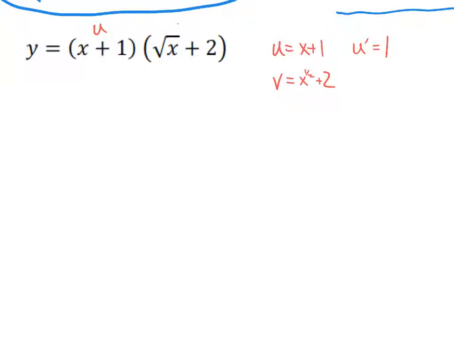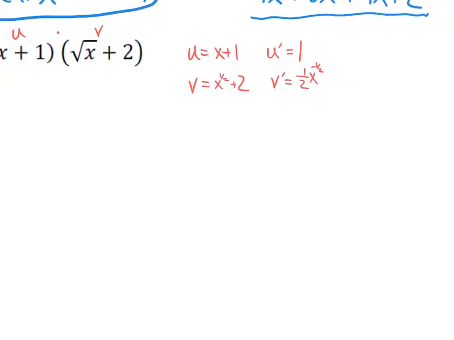Especially as you get more comfortable, maybe just writing u and v over that, that'll save you a little writing. But over on the right hand side we have v prime that we're going to write down. And what is v prime? 1 half x. So that would be 1 over 2x. 2 radical x, I guess. Yeah, so this is 1 over 2 root x. Should we try to get the root up top? No, you don't need to rationalize.